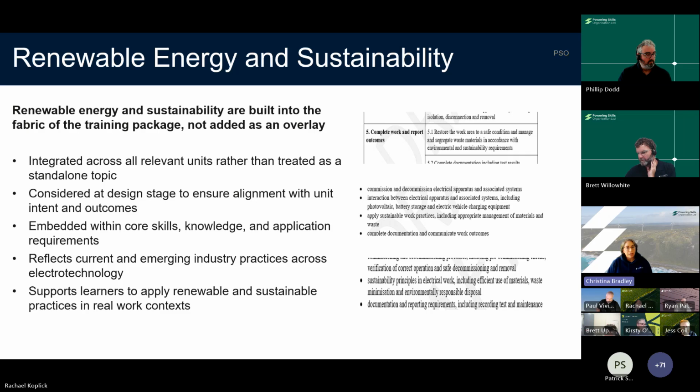When you're a trade person, it's the job or the task related to what you're doing on the tools. But once you move into the diploma and advanced diploma space, you're looking at the systems that are implemented to ensure that workers are working sustainably within the workplace and in the industry. So this has been addressed right across the training package, not just within a couple of qualifications.